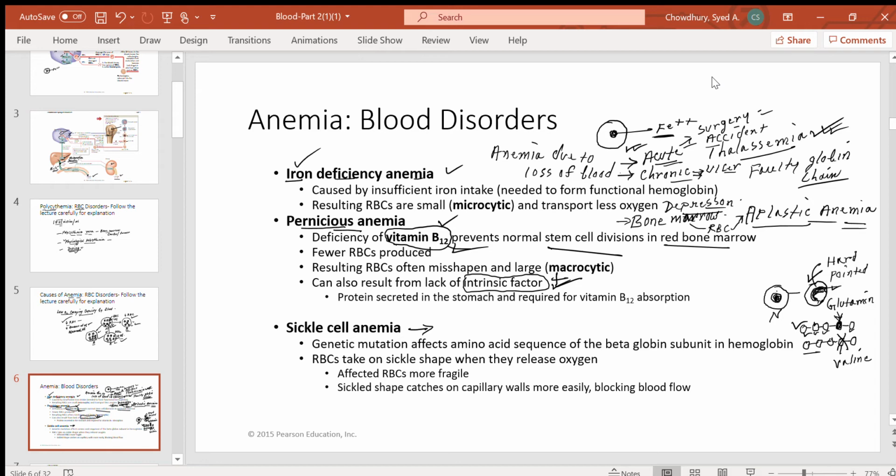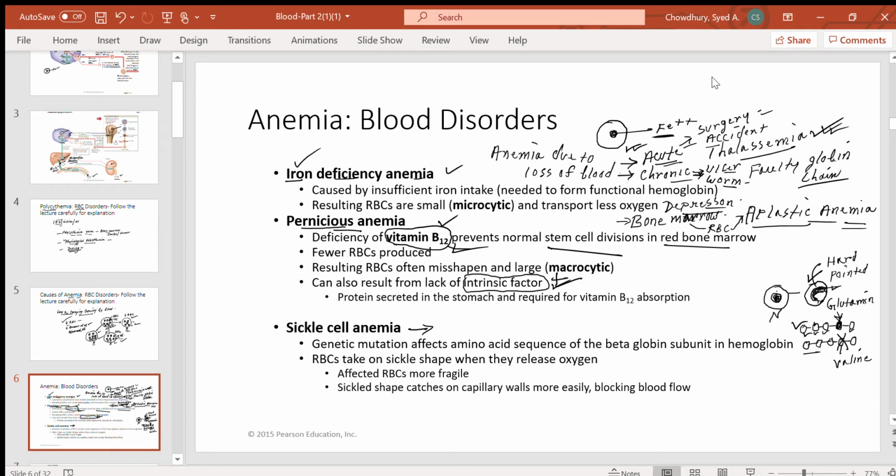Okay, so eventually it will cause anemia. Another is worm in the intestine, hookworm, tapeworm. Those are different types of worm that can reside in the intestine, in your gut, for a long time, years after years, and they suck a lot of blood.